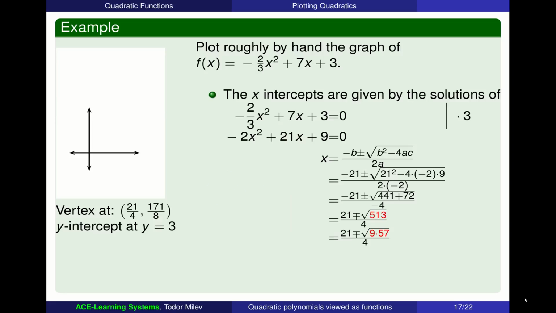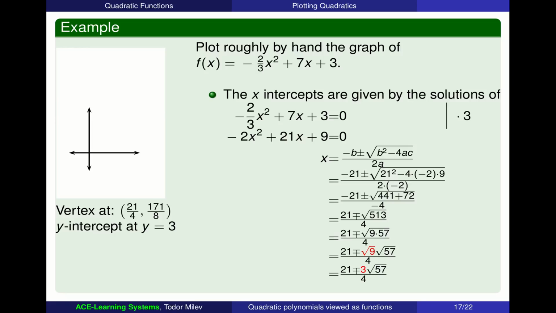So we can do that. Why should we do such a factorization to begin with? Well, because we can split radical of 9 times 57 as radical of 9 times radical of 57. And now we can simplify radical of 9 to 3. So we get 21 minus plus 3 times radical of 57 divided by 4. And that's as simple as we can get.